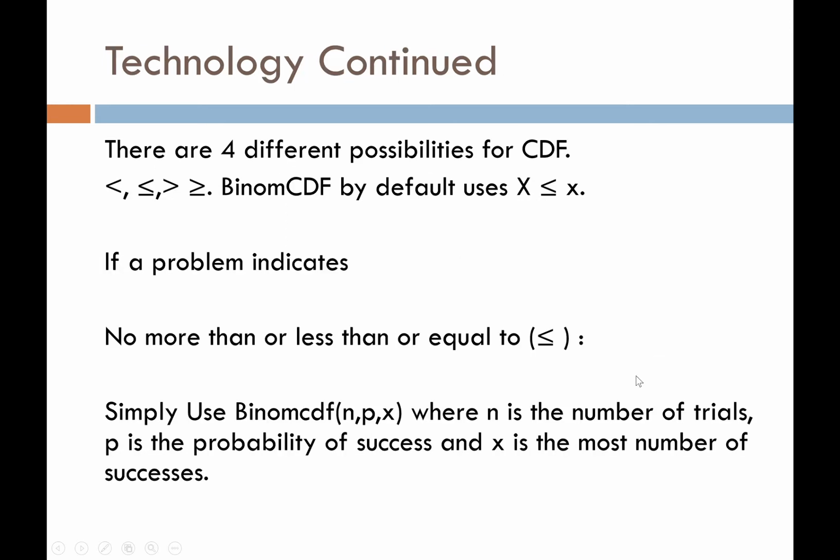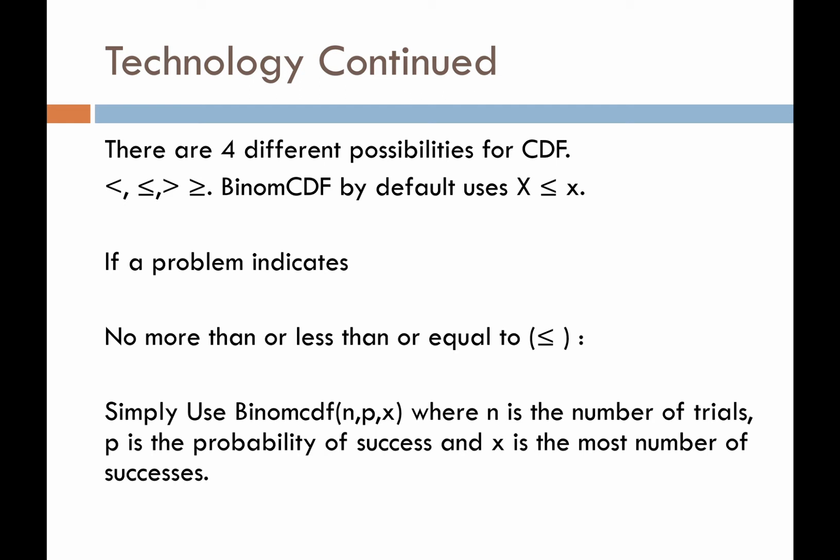There are different possibilities for CDF: less than or equal to, less than, greater than, and greater than or equal to. Binomcdf by default does less than or equal to, and that's important because it changes your formula a little bit each time.